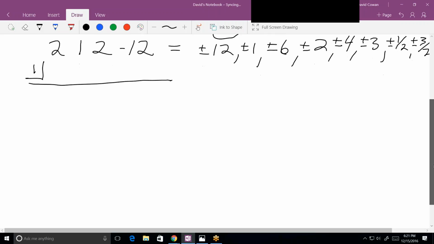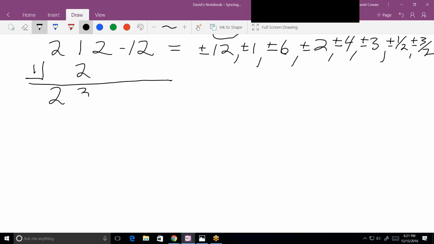Well, let me just do one of them to show you what I'm talking about. Do you know how to do synthetic division? Yes. Okay, let me do it for you then, just to speed things up. That does not produce a 0. It produces a minus 7 remainder.